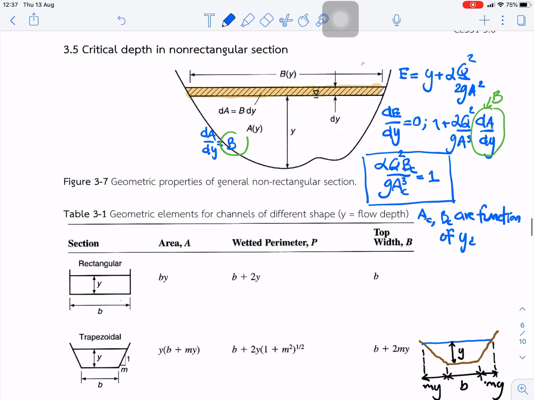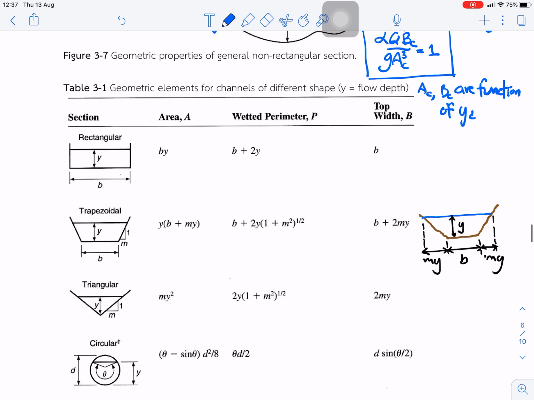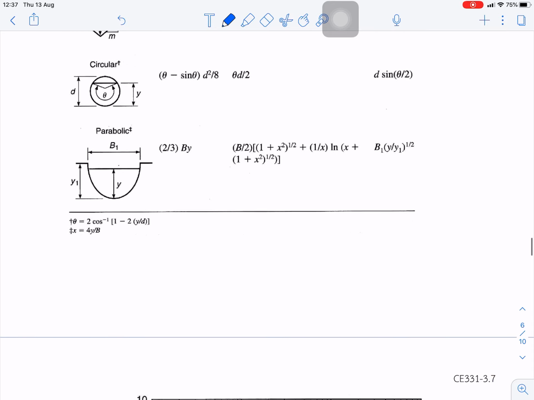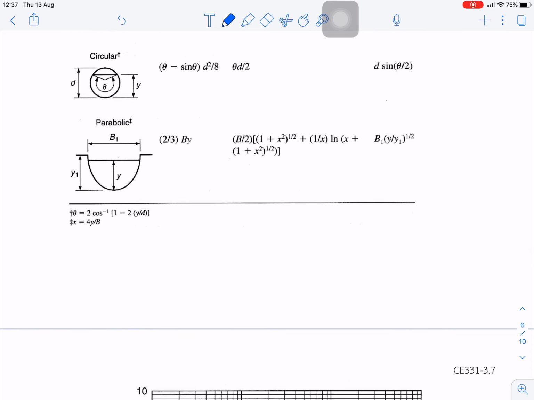From the above equation we arrange that alpha Q squared divided by g is equal to Ac to the power 3 divided by Bc.